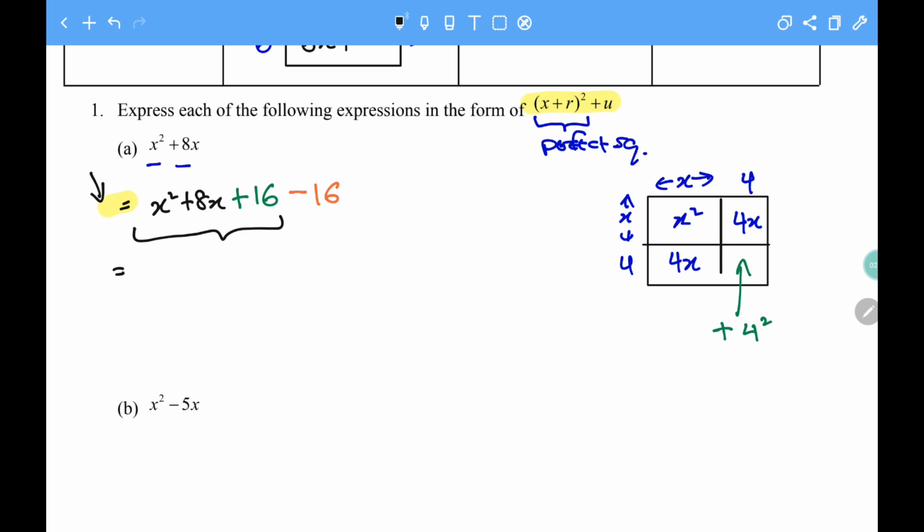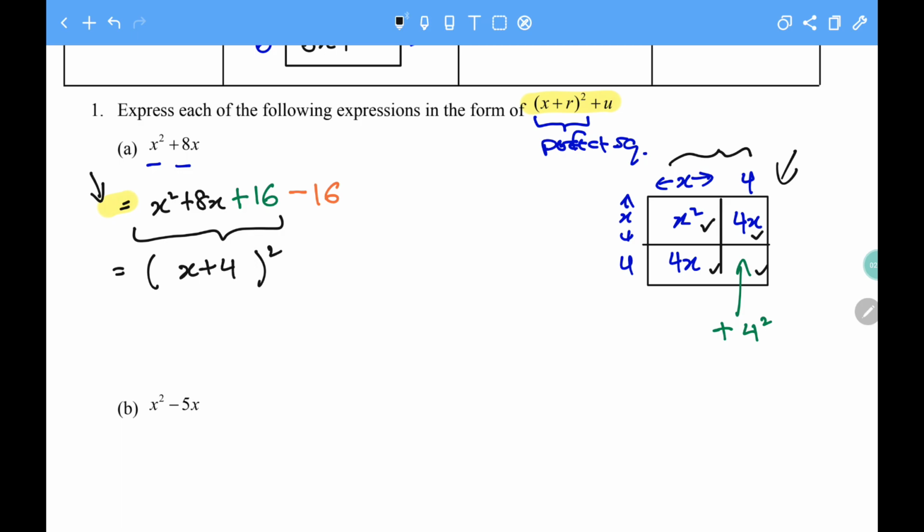Now when I take a look at the square again, x squared I already have, plus 8x, plus 16. This 4 quadrant can actually be represented by a perfect square. Look at the length now: x plus 4, x plus 4.